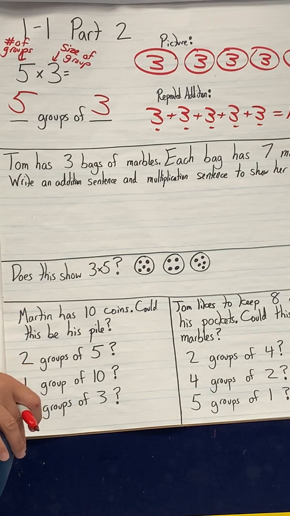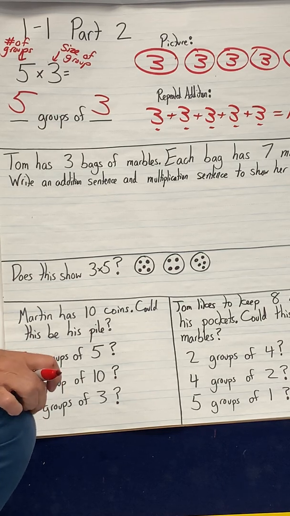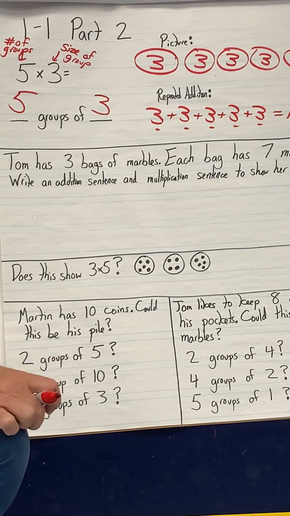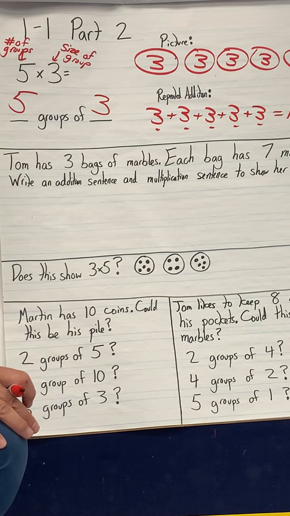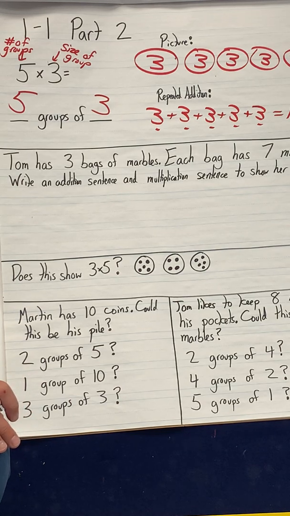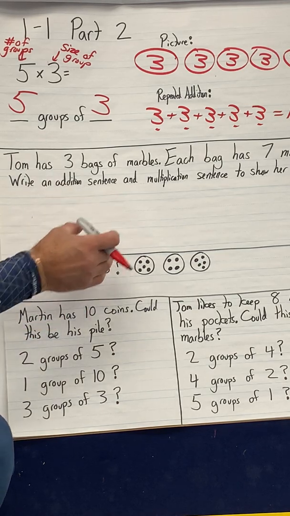In today's lesson, you're going to see some word problems. So I just wanted to walk you through some similar word problems to what you might see. Tom has 3 bags of marbles. Each bag has 7 marbles. Write an addition sentence and a multiplication sentence. So he has 3 bags of 7.